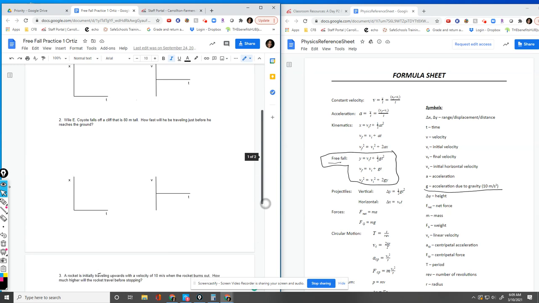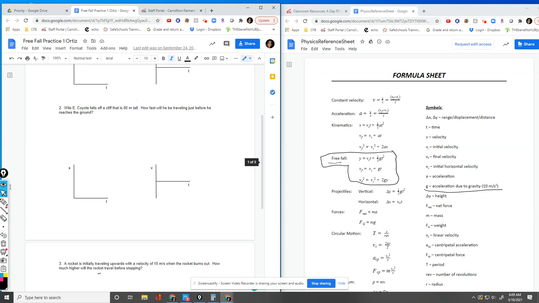This one right here is the same kind of situation, something falling off a cliff, but instead of asking you to get time, it's asking you to get how fast it is, okay? So you're going to do the same thing that we just did, but you're going to figure out the formula that is going to help you find final velocity.